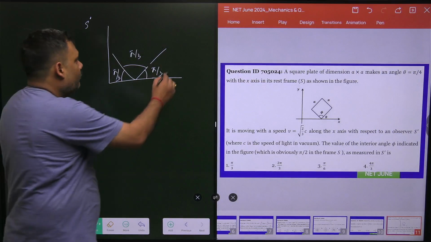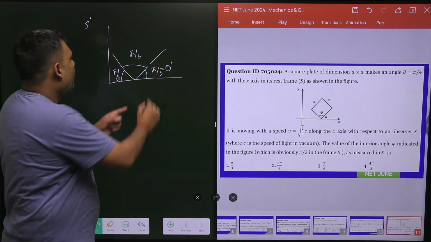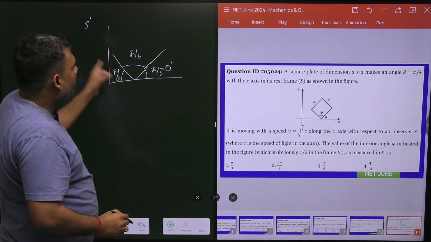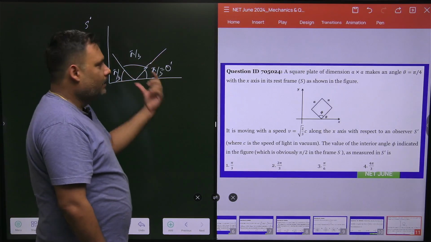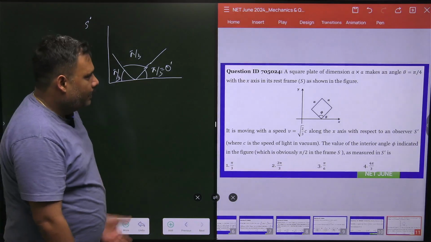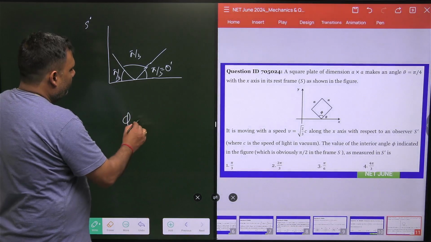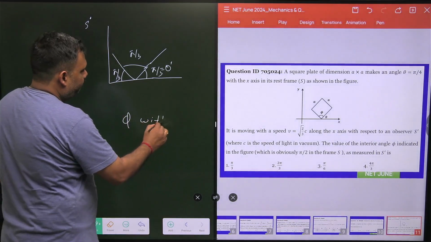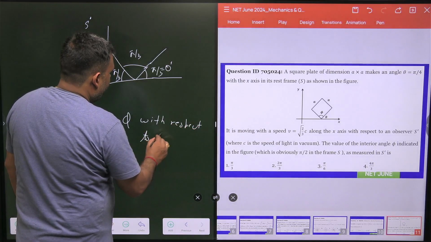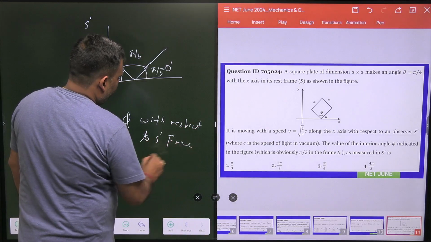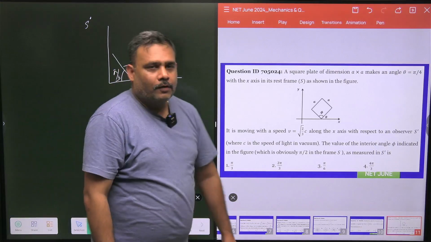So theta dash from the S dash frame, this is your theta dash, that is pi by 3. From the symmetry, we can tell this is also pi by 3. And you can find this length is contracted in nature. So this phi with respect to the S dash frame is pi by 3. So this will be your option number 1.